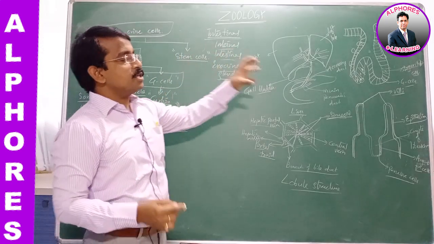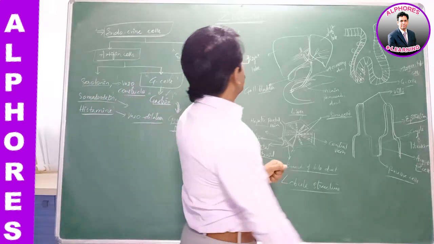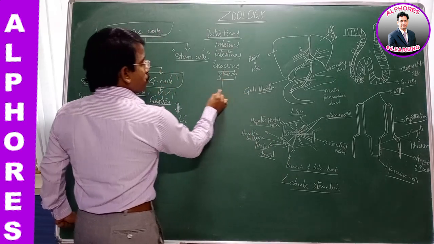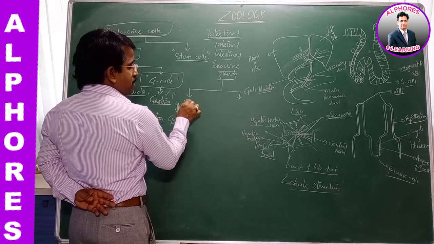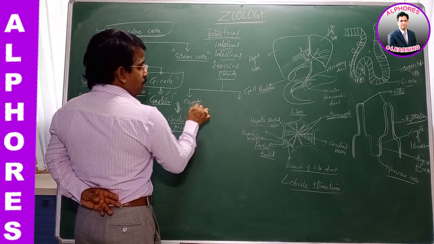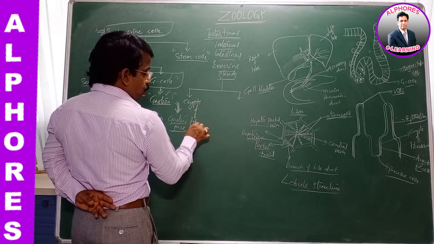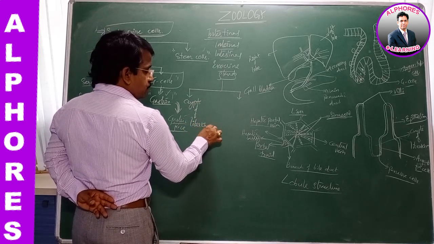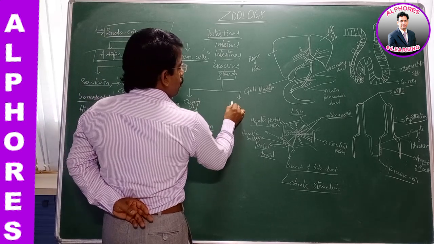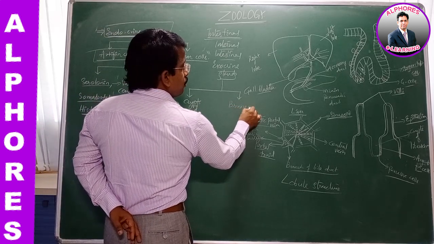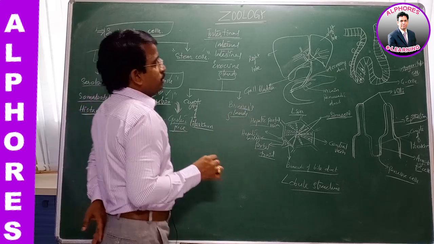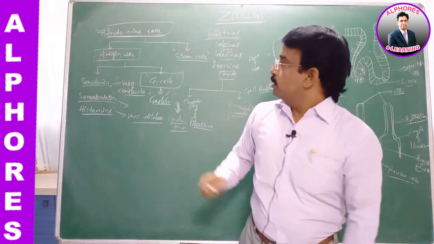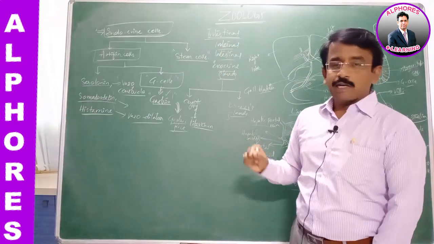Basically, the intestinal glands we see as the crypts of Lieberkuhn and the Brunner's glands. These are what are said to be the intestinal glands.